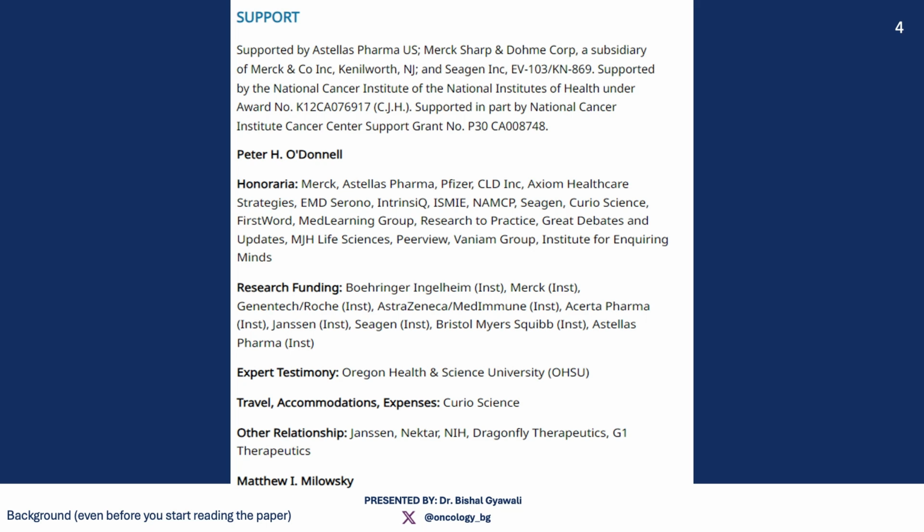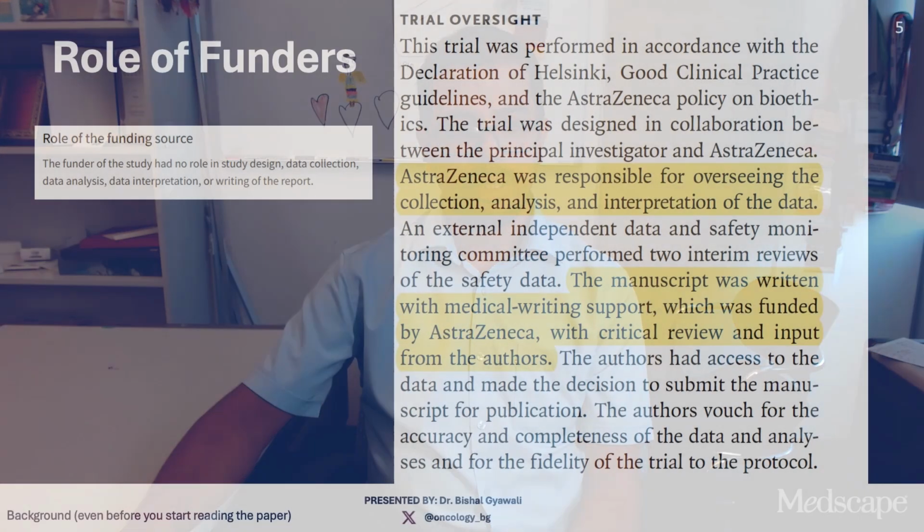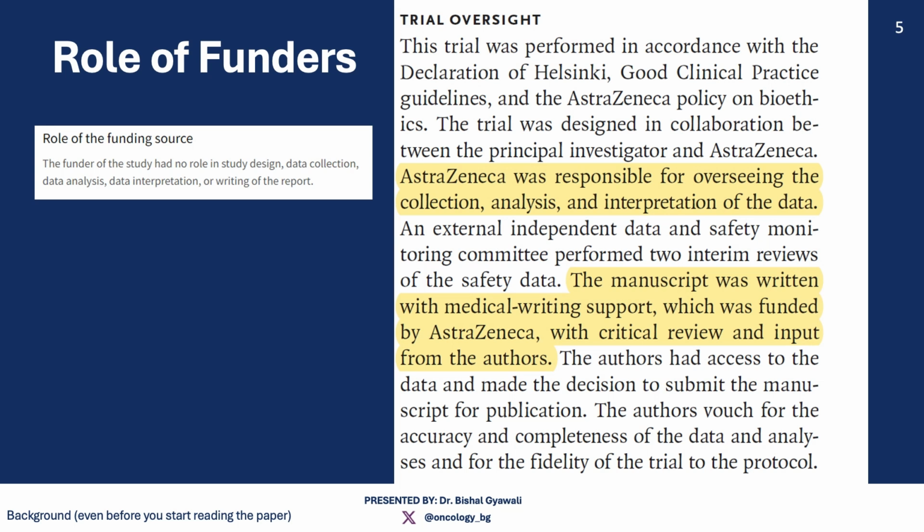Second, you should look at the conflicts of interest and affiliations of the authors. In many of these papers, you will see that there are some authors from the company itself in the authorship byline. And third, as I mentioned, we want to look at the role of the funder.